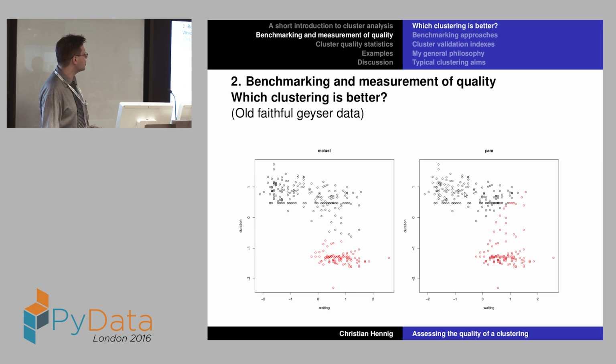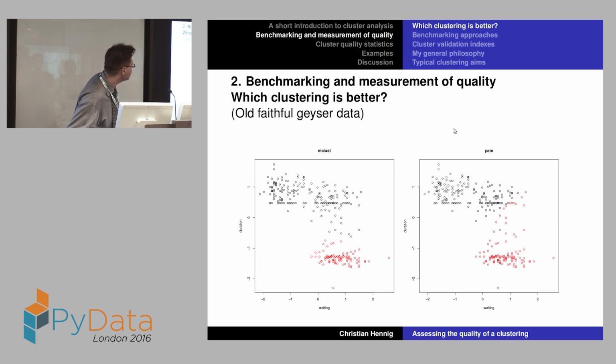And this is by partitioning around medoids. Let's call this number 1 and this number 2, and have a bit of a vote. What do you think is actually better? Who likes clustering number 1 more?